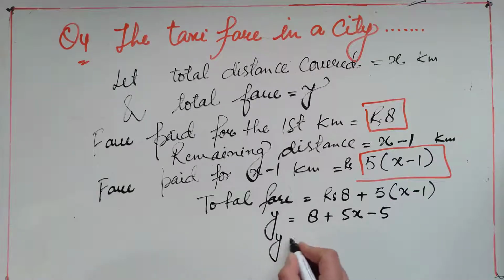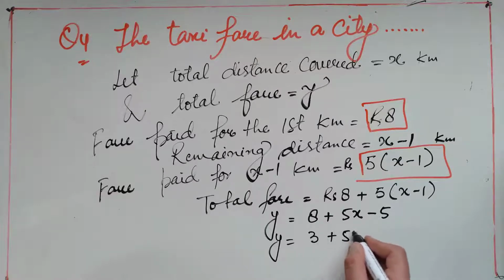Simplifying further, y equals 8 minus 5 is 3 plus 5x. Now if you look at this carefully, this has two variables in it and this equation is linear. So this is a linear equation in two variables. So for now you can draw its graph easily. Hopefully you understood this.